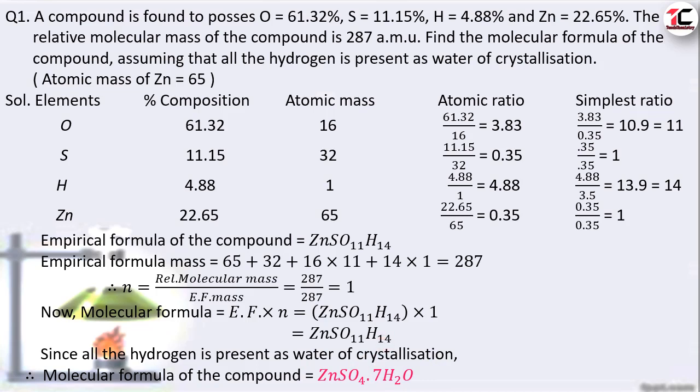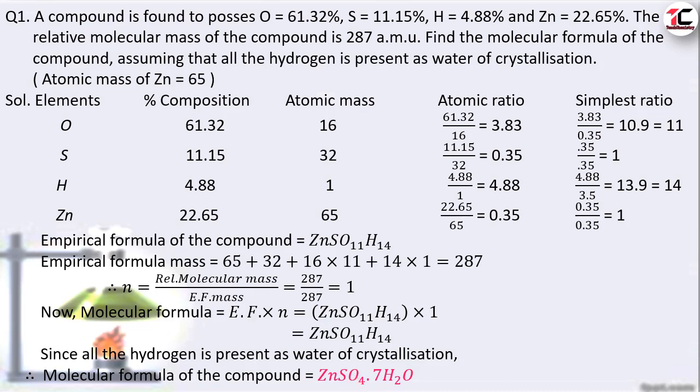So we will write the molecular formula of the compound ZnSO4.7H2O. H2O, it is water of crystallization. In one molecule of water there are 2 hydrogen atoms and we have to consume 14 hydrogen atoms. So we will take 7. So here is 14 hydrogen atoms, but here is also 7 oxygen atoms. So we will write ZnSO4, 4 oxygen and 7 H2O.